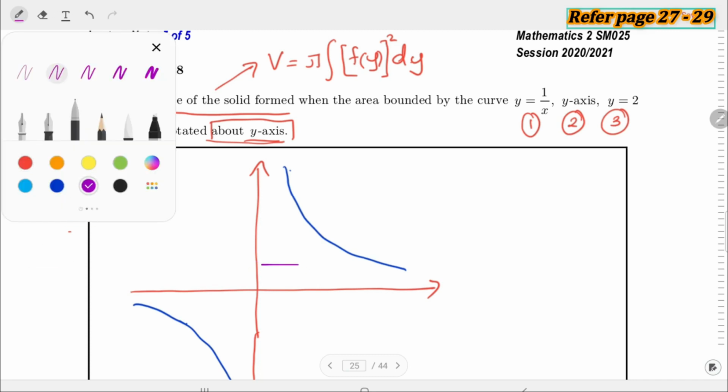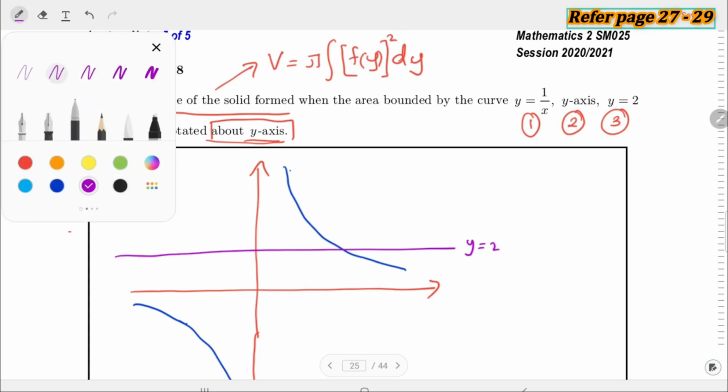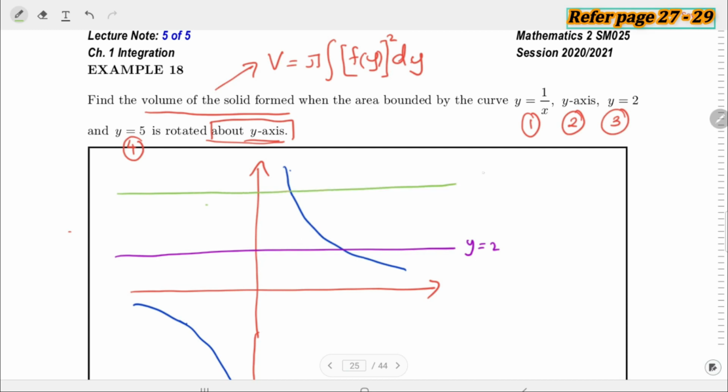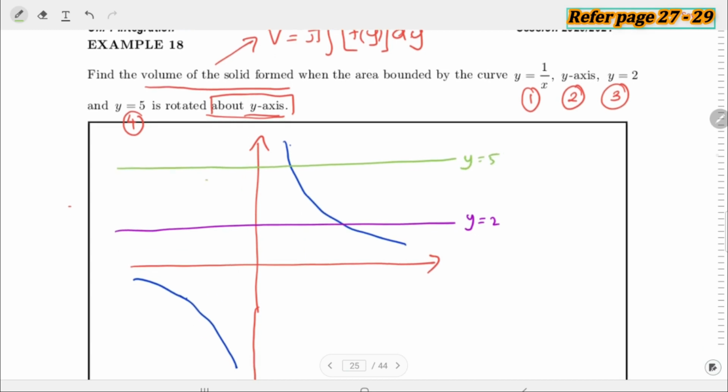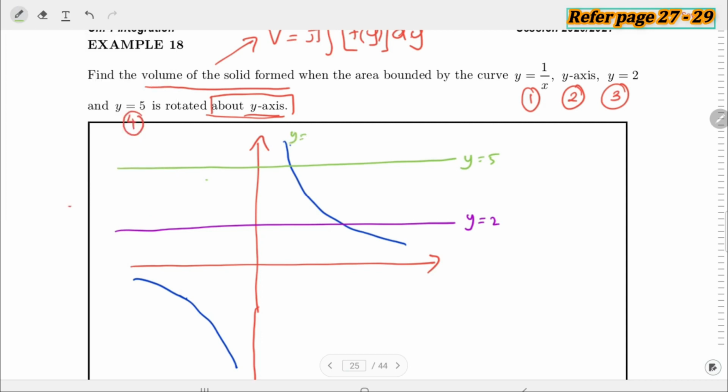Around here is y equals 2, and then y equals 5, in green color. Around here is y equals 5. So these are all the curves involved in this sketch: y equals 1 over x, y equals 5, y equals 2, and the y-axis. Here is the y-axis, here is the x-axis.